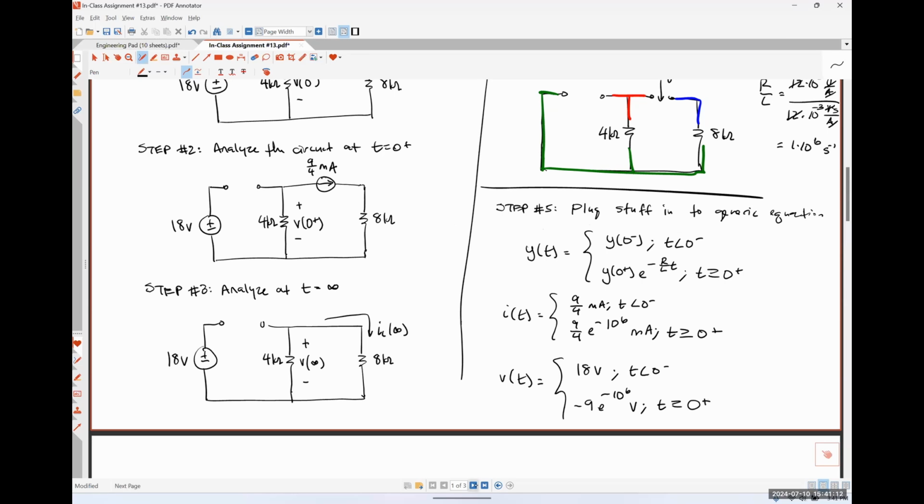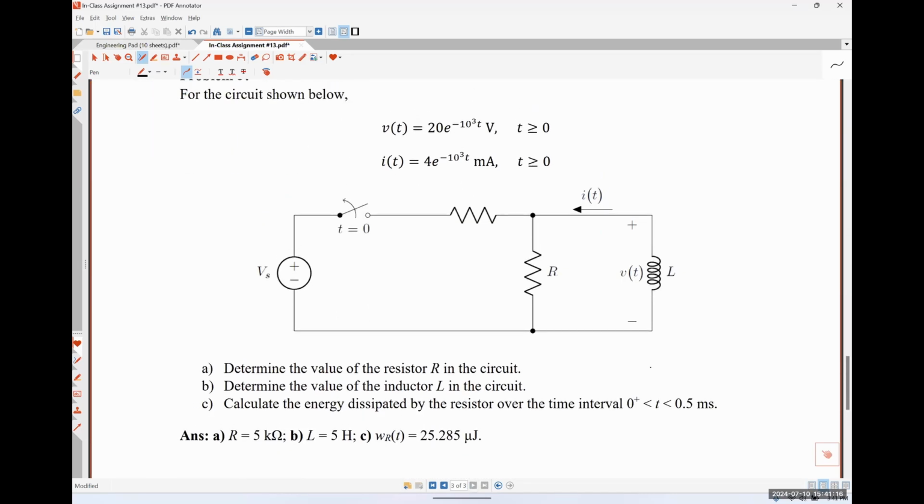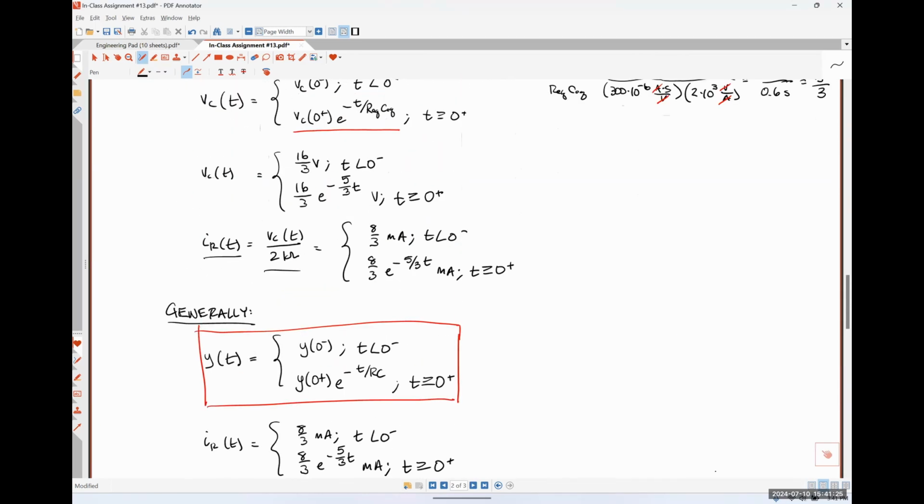Technically speaking, we still have one last problem here at the end, so let's knock that out really quickly. Oh, let me see what's going on in chat here. Is there any math behind the milliamps? Let me scroll back up there.